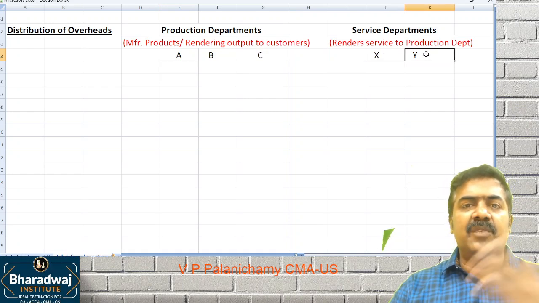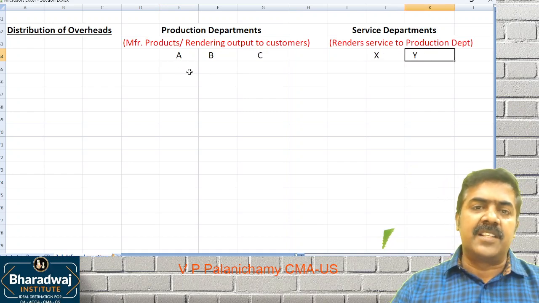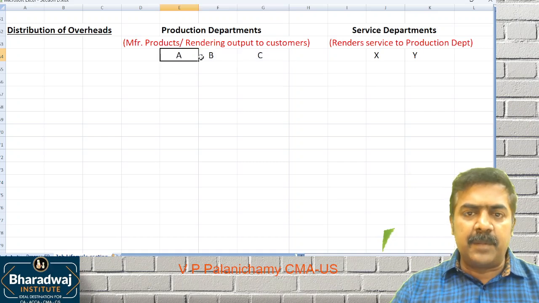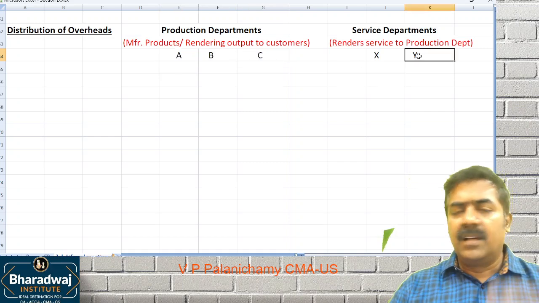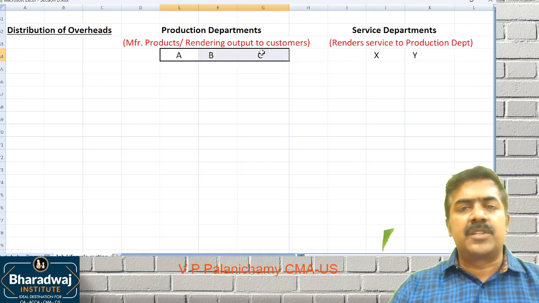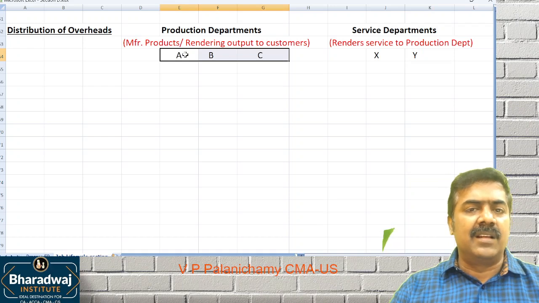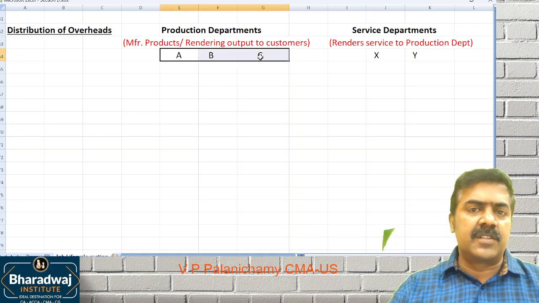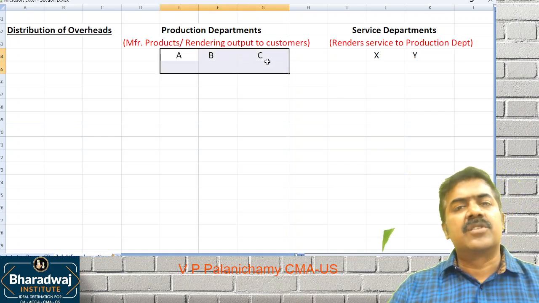Y is like other facilities department. Other facilities department means whenever there is a repair of machine, they will attend to it. It can be department A or B or C. Or department Y will send people to address issues like cleaning the material, moving the material, cleaning the factory, cleaning the machines. If there is a problem, they will send workers for solving the issues like that.